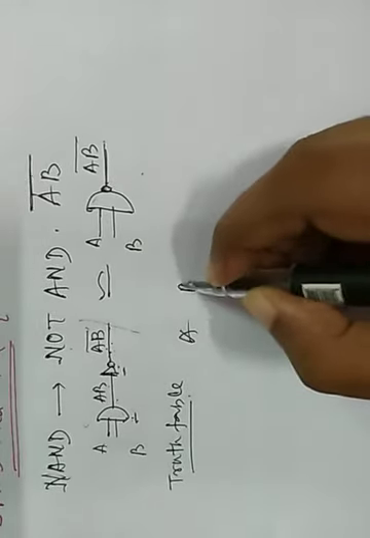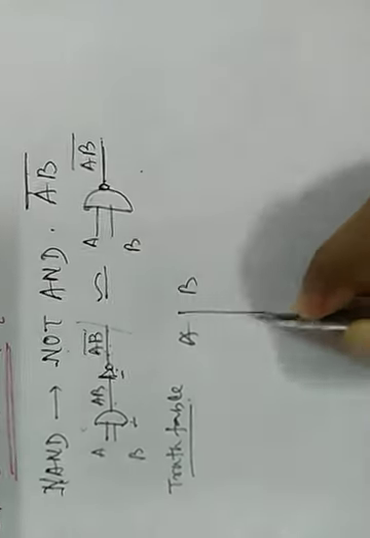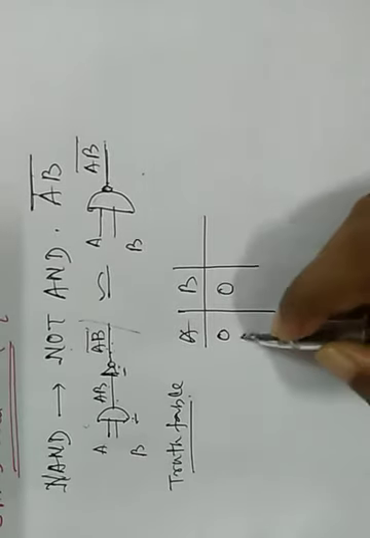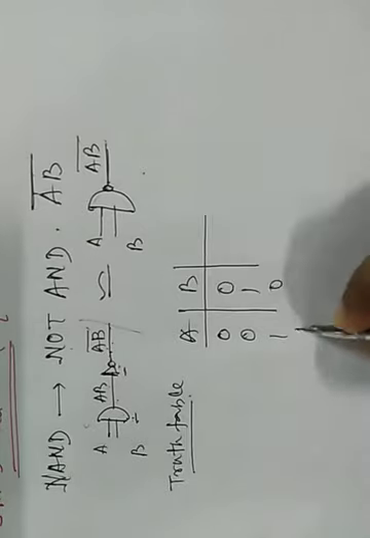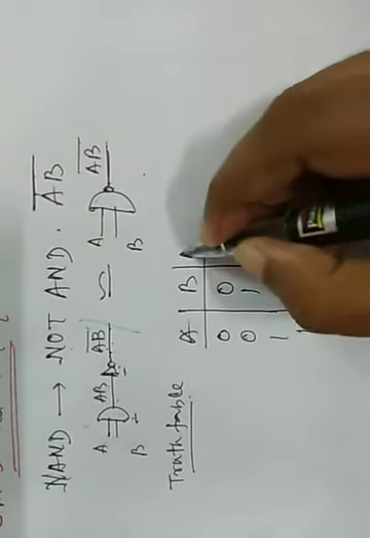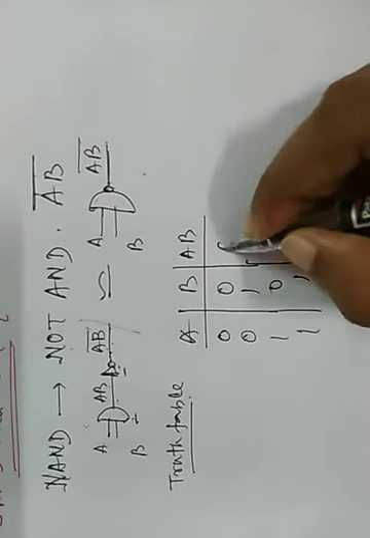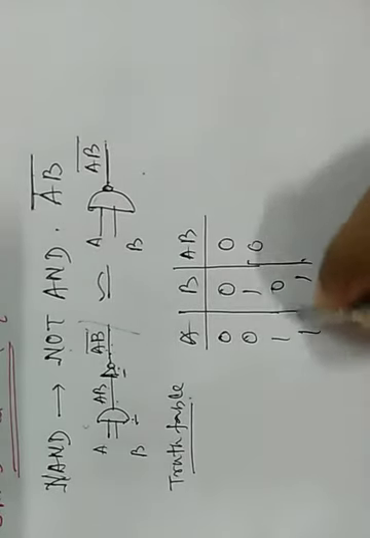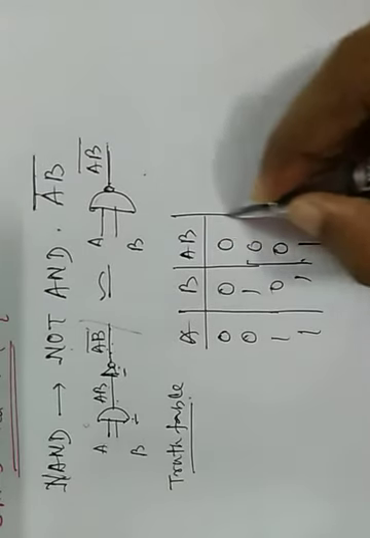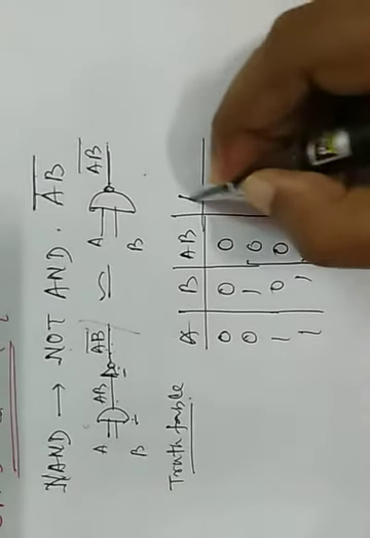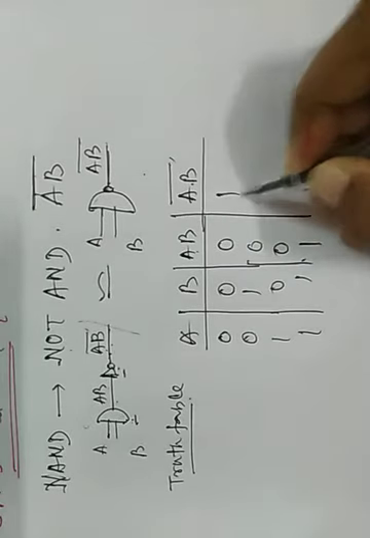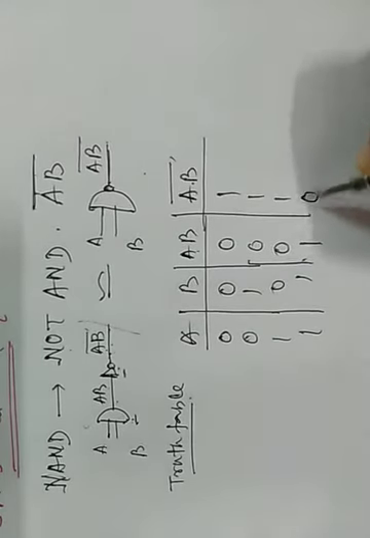So our truth table of the NAND gate is: if A, B are the two variables, we have 0 0, 0 1, 1 0, 1 1. The AND operation gives 0, 0, 0, 1, and the NAND operation is the complement of this: 1 1 1 0.